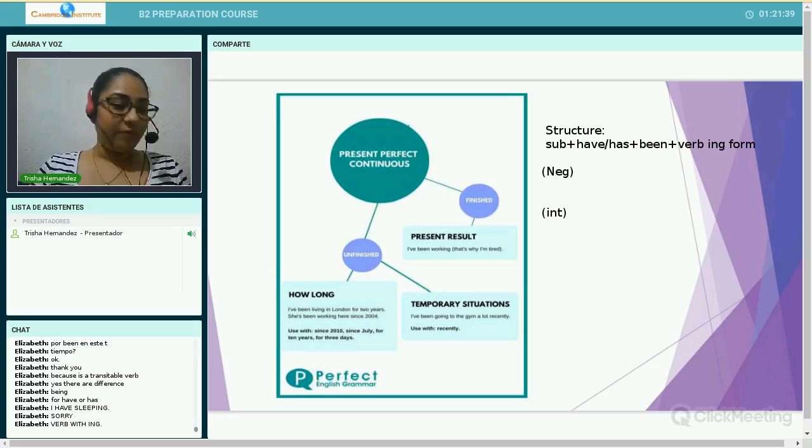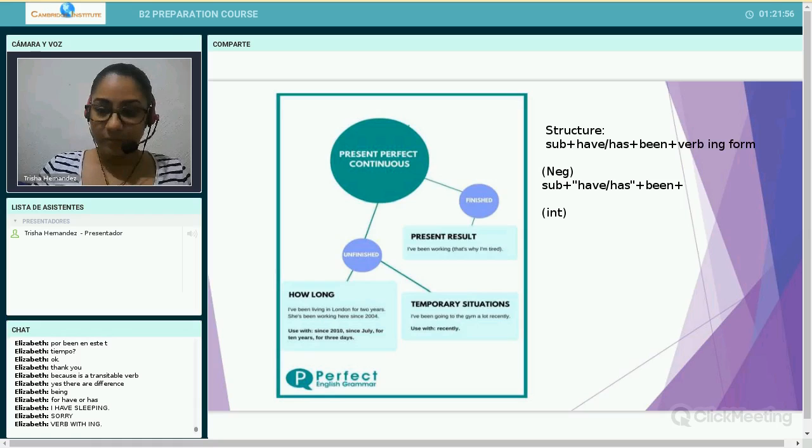Now, it's not pretty different, the negative structure, because we have our subject, we have our have or has, plus our been, plus, oh, sorry, verb in ing form.